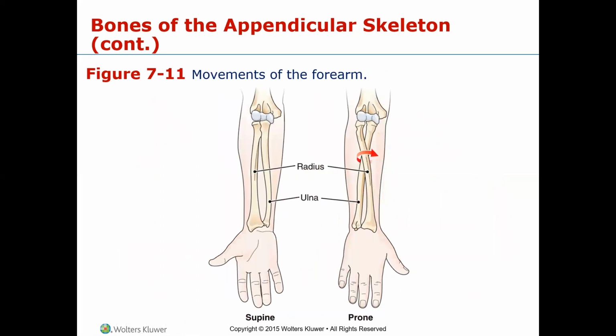So when we change our forearm from the supine to the prone, the radius and the ulna actually cross over. So the radius, again, in the supine position is on the outside, on the lateral side, and then on the medial side is the ulna.